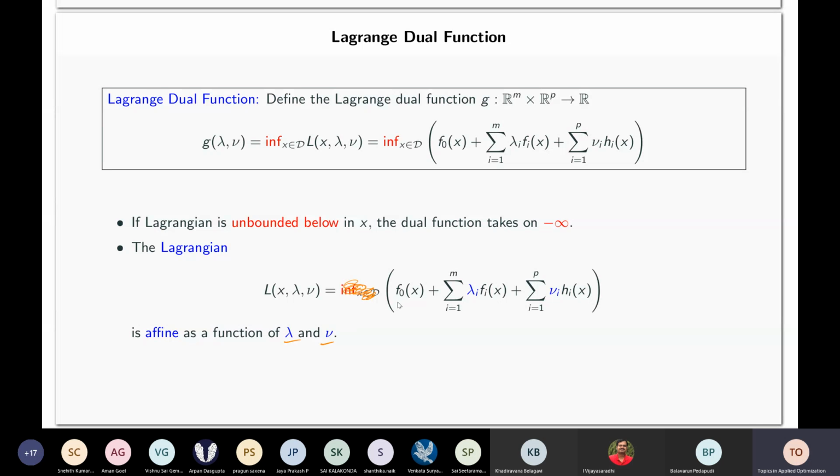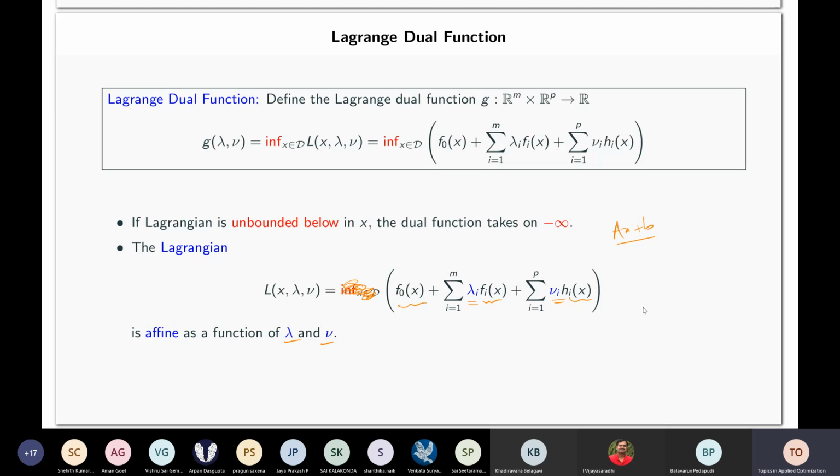Why is that? Well, it is affine in terms of lambda and nu because of the form of this. We have a lambda i here and a nu i here. So this is indeed an affine function, because it can be written in terms of the form Ax plus b, where all the constants can be absorbed in this guy, and this is acting like a b here.